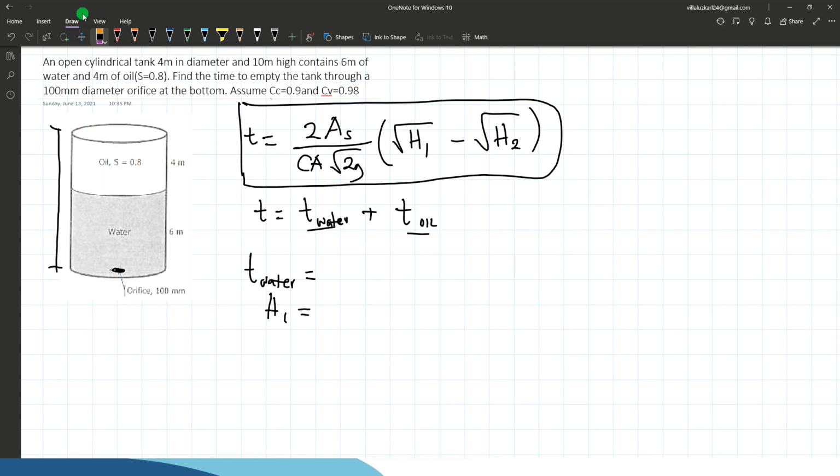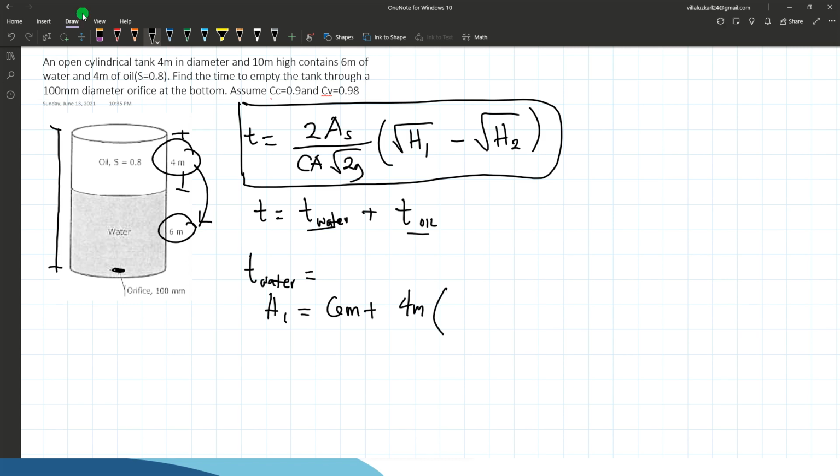So for our H1, we will include the equivalent head of the oil to the total height of water, which is 6 meters. But since this is the head of the oil, we need to convert it into an equivalent head of water. So this 4 meters depth of the oil should be converted to an equivalent head of water.